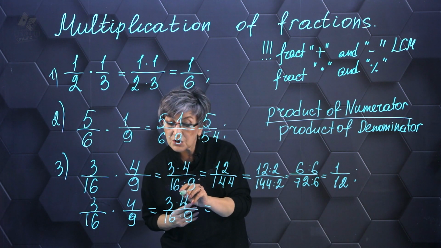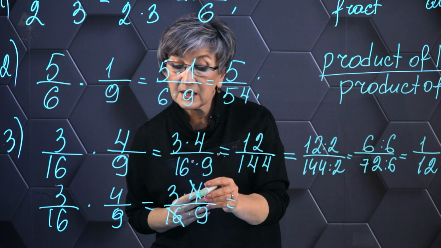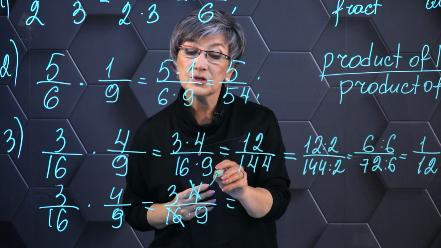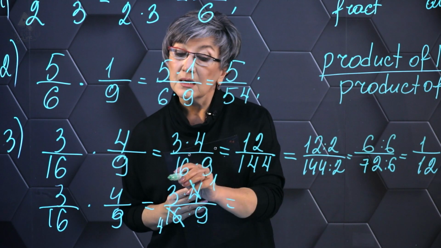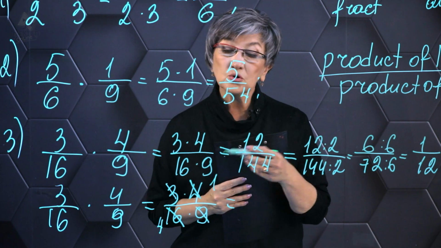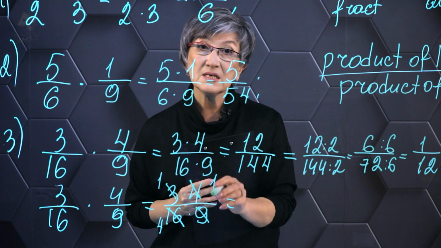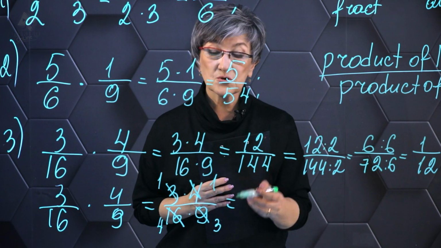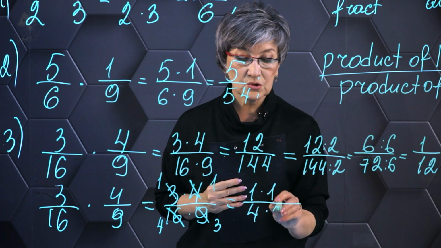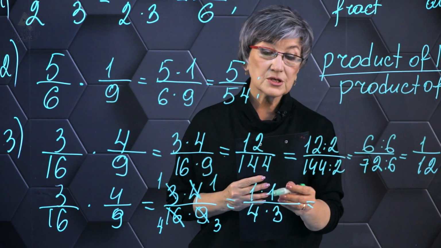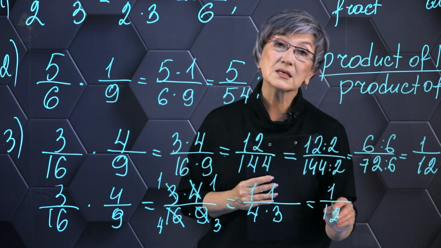What do I see? 4 and 16 divide by 4. 4 divided by 4 is 1, and 16 divided by 4 is 4. 3 and 9 can also be reduced. 3 divided by 3 is 1, and 9 divided by 3 is 3. This leaves me with 1 times 1 and 4 times 3. Multiplying the numerators, I have 1, and the denominator results in 12.